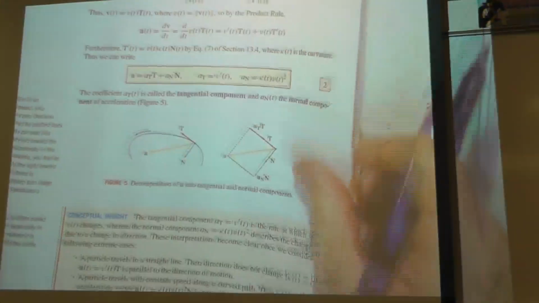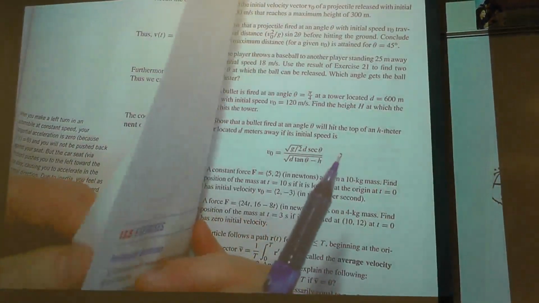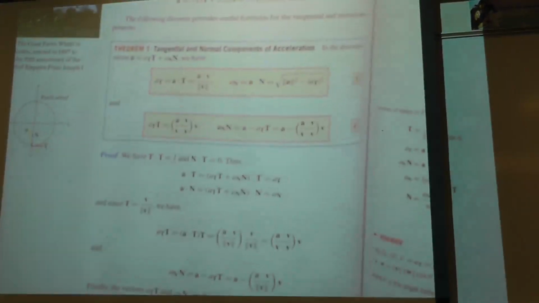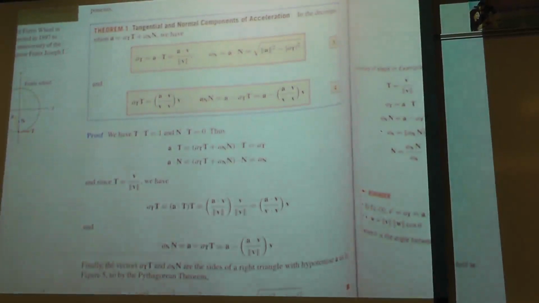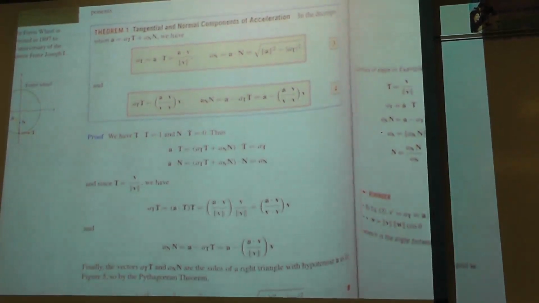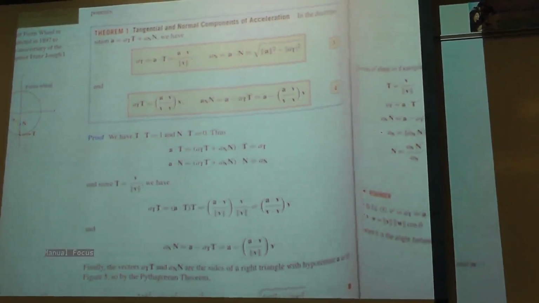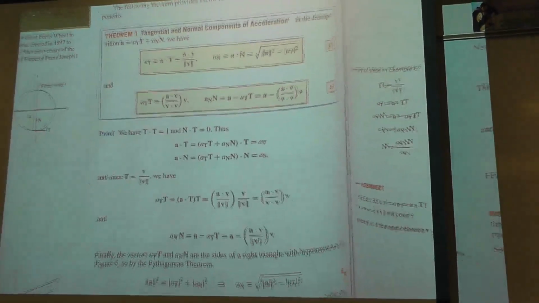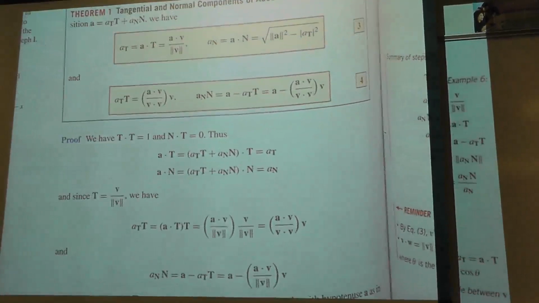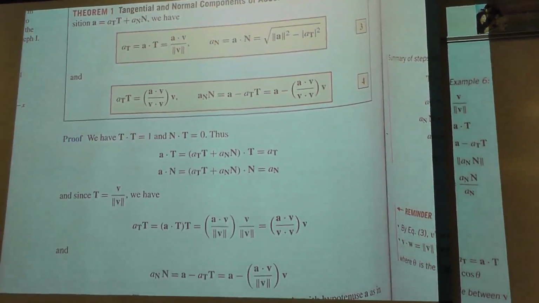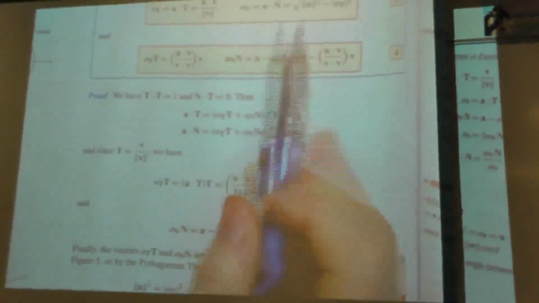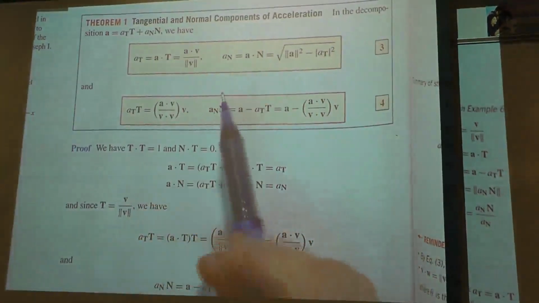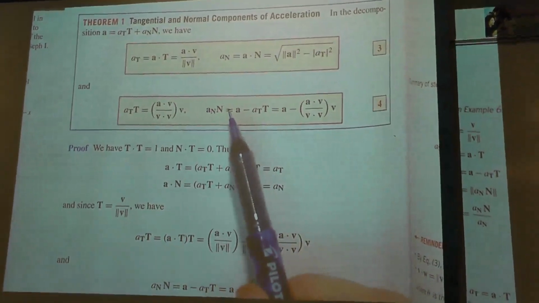I wanted to make sure that over here you see that these are available. Is that blurry? Does that look better? Okay, these are going to be easier to compute with, but you're not going to get the insight.